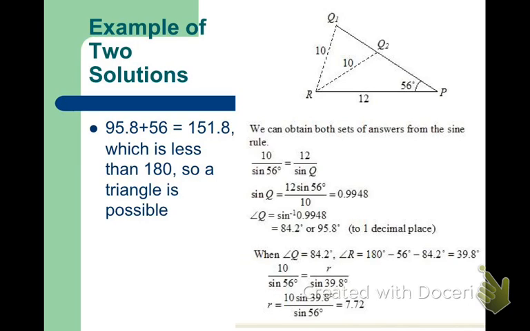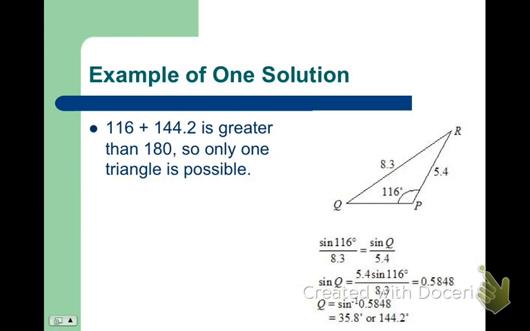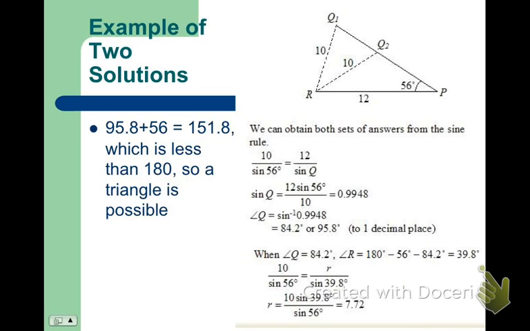So we're starting off, and I didn't like this diagram because it's sideways from the way I usually draw it. But here's the angle we start with. And we're given that there's a side 10. Now the 10 could either be here or it could be up here. Using the law of sines, they do sine of 56 and 10, these two across from each other, equals 12 over the sine of, they call it q.